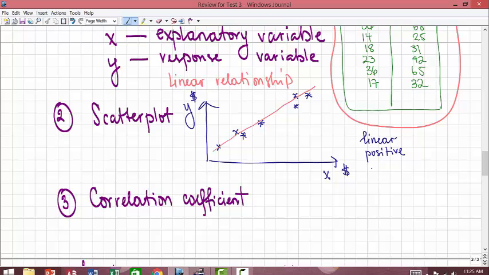Okay, so strong. Looks like all of these points are clustering around a line with a positive slope. Okay, so that's form, direction, and strength.